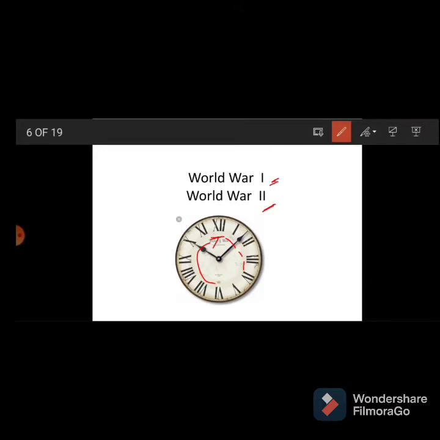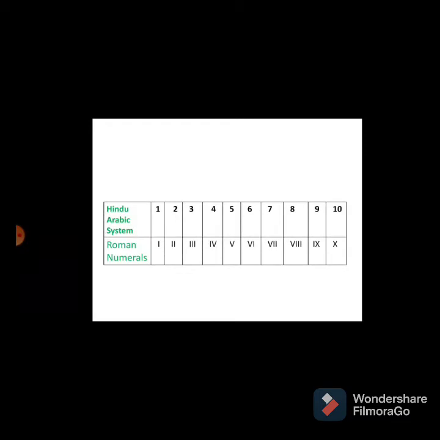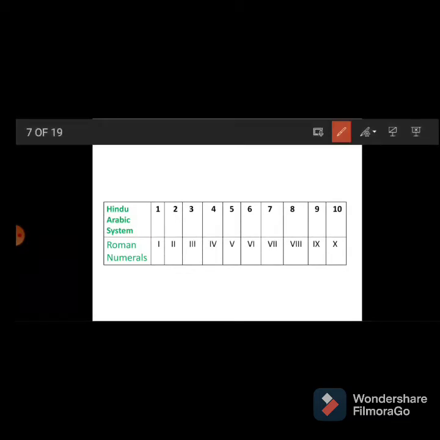Then see, next point. In the Hindu-Arabic system, we write 1 to 10 like this: 1, 2, 3, 4, 5, 6, 7, 8, 9 and 10. And the same numbers we write in Roman numerals. How?